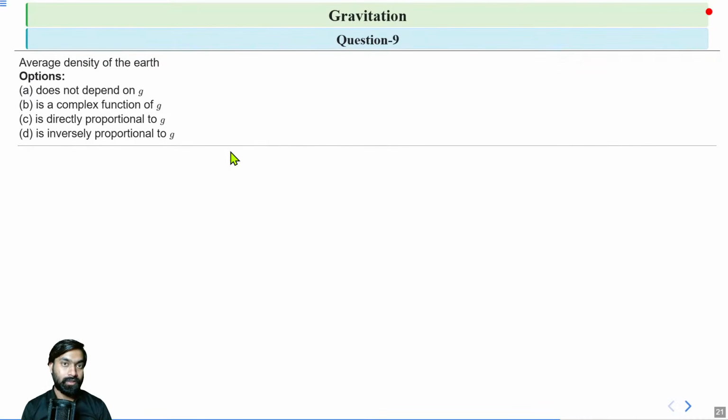Average density of the earth is what? Given options: average density of the earth does not depend on g, is a complex function of g, is directly proportional to g, is inversely proportional to g. So which one is the correct option? Please try to solve this question, everyone.